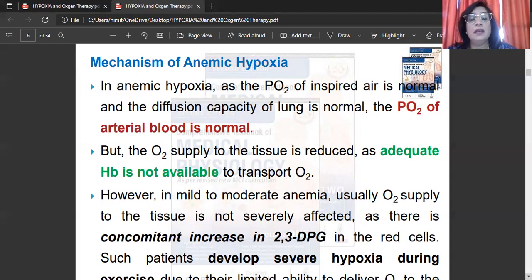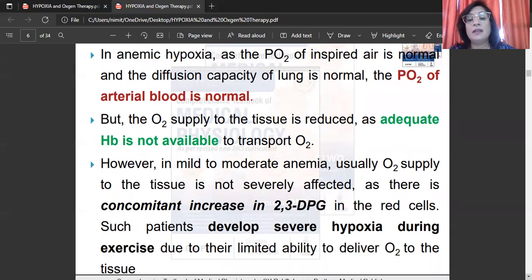But in mild to moderate anemia, the oxygen supply is not severely affected. Why? Because of the presence of 2,3 DPG, as there is a concomitant increase in 2,3 DPG in the red cells.